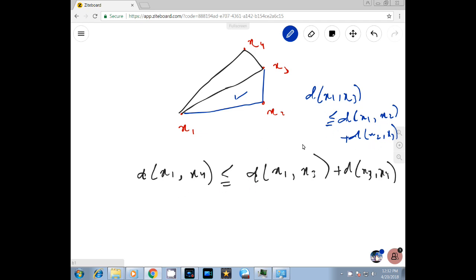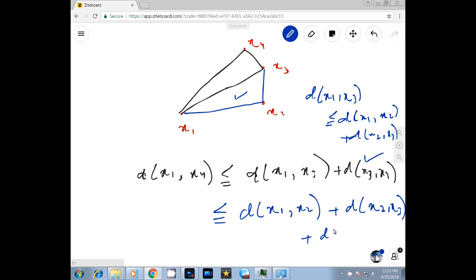So by putting this inequality here, instead of d of x1 x3, we can put less than or equal to d of x1 x2 plus d of x2 x3, and write the final term d of x3 and x4 as it is, d of x3 x4.